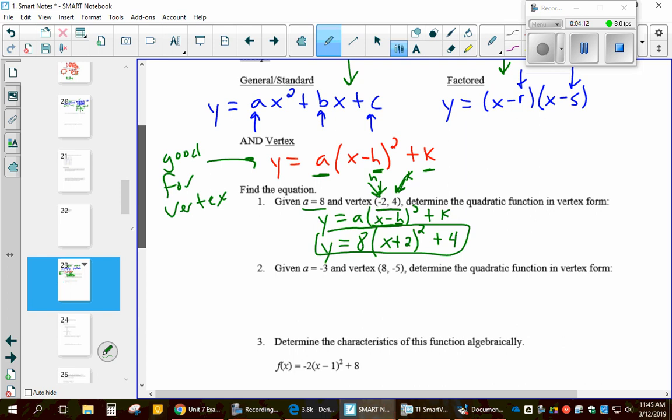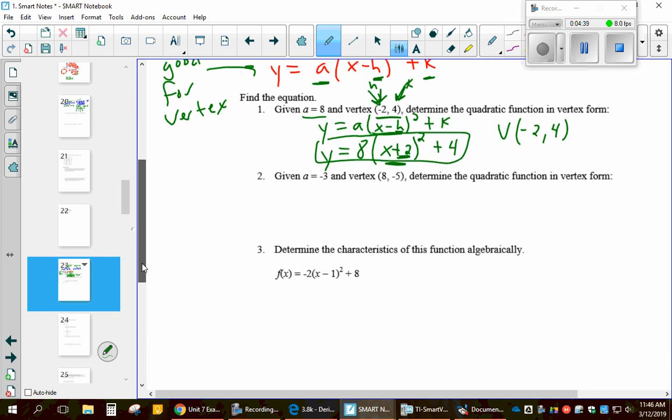You just have to remember that the vertex is the opposite of the sign there. So if it's +2 in the equation, it would actually be (-2, 4). That's the only little tricky thing there. Make sure you know the x is the opposite sign. Only the x. The y is the way it looks, and the x is the opposite.